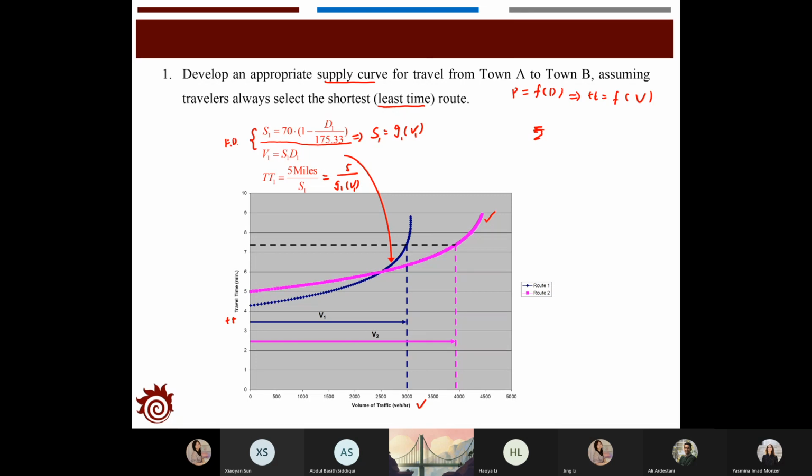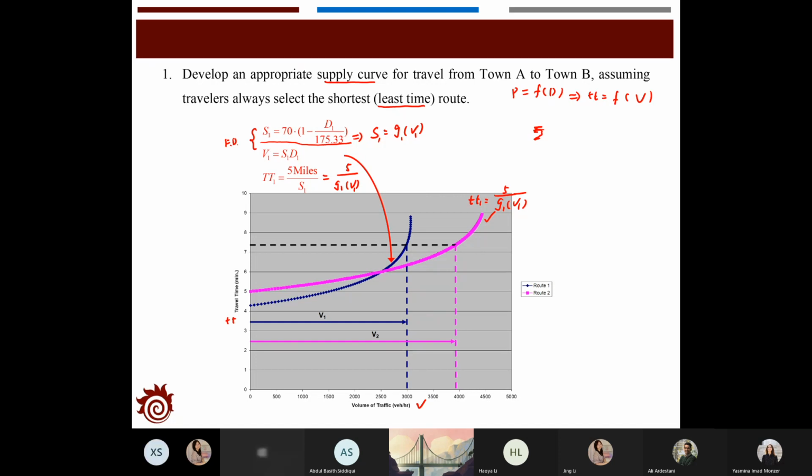And with that, you can get the relationship between the travel time and the volume. So this pink line shows the relationship between the travel time and the volume of the first route.